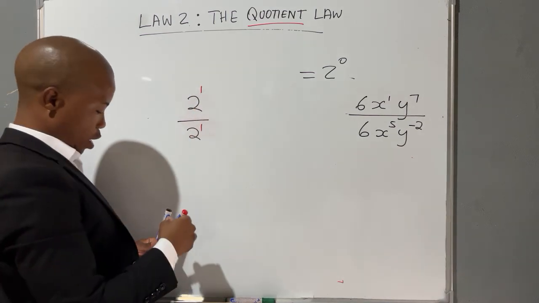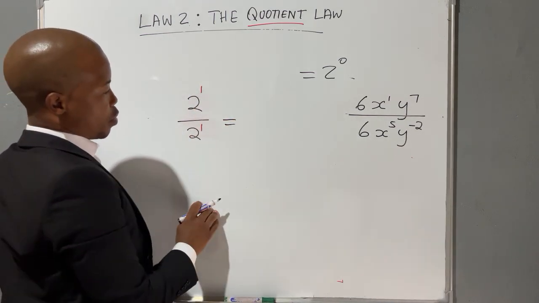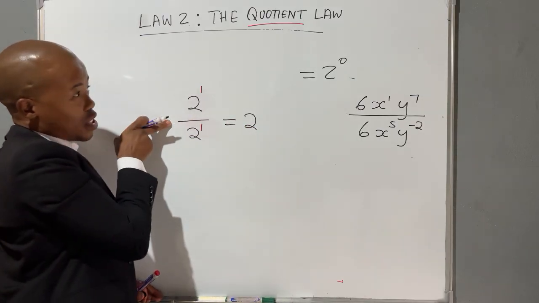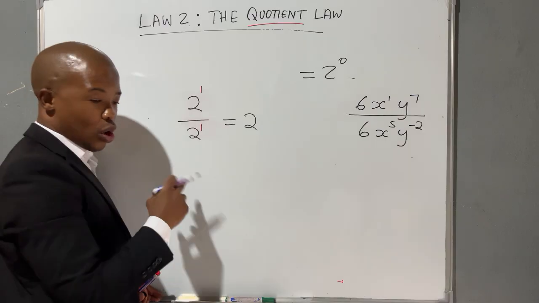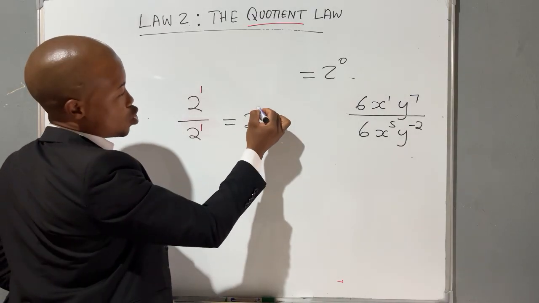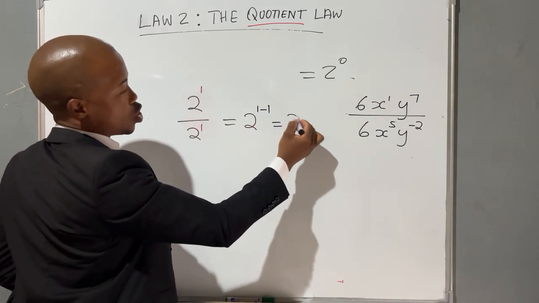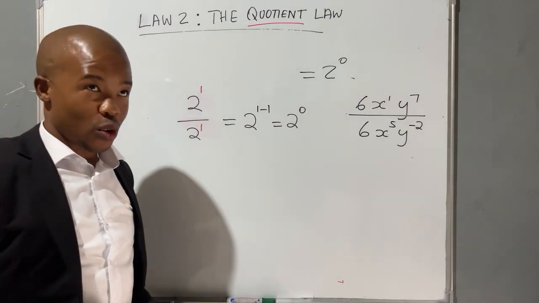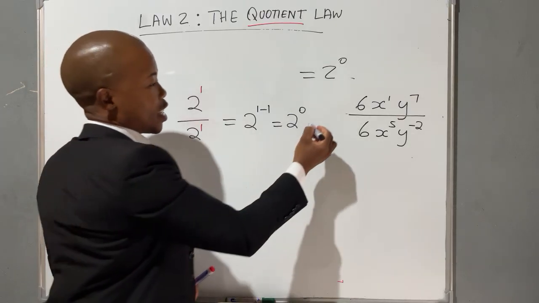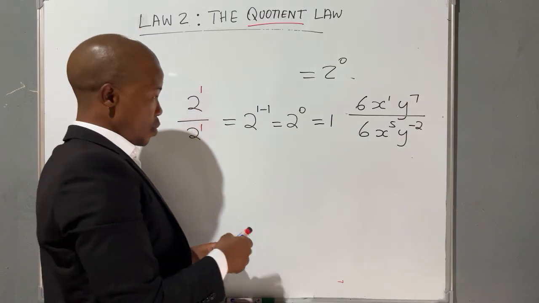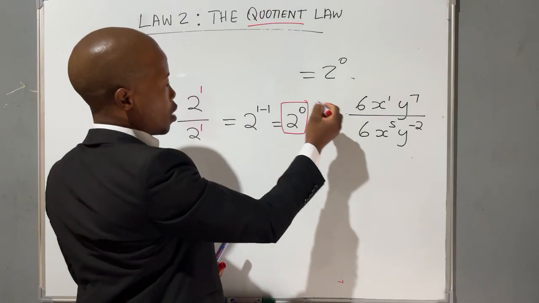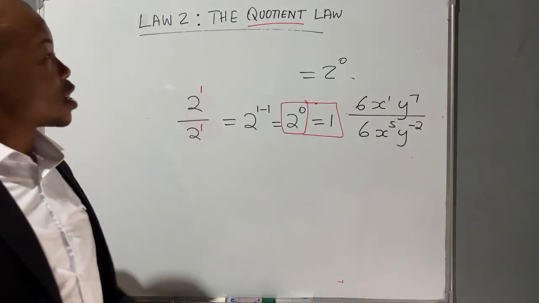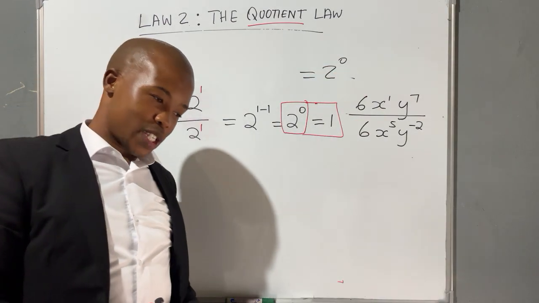This can be written as 2 to the exponent 1 over 2 to the exponent 1. And then we said when the bases are the same and when we're dividing, according to this law, we subtract the exponents. It's going to be 1 minus 1, which will be 2 to the exponent 0. And 2 to the exponent 0, we're still going to do it, it's actually 1.